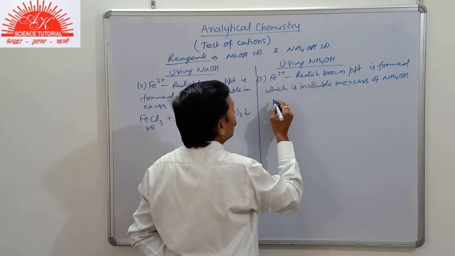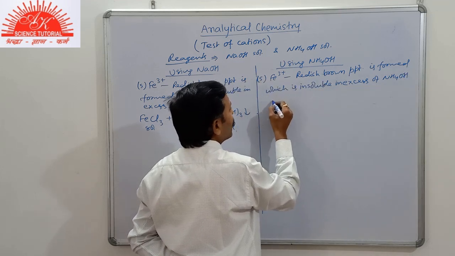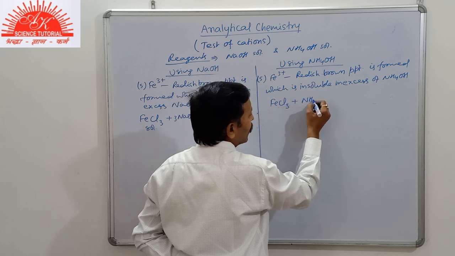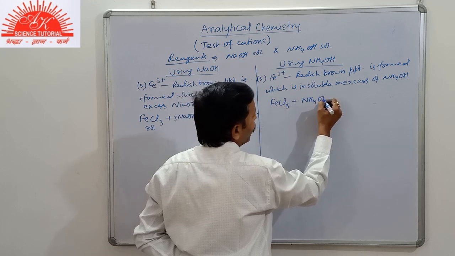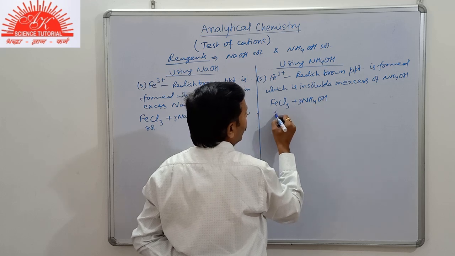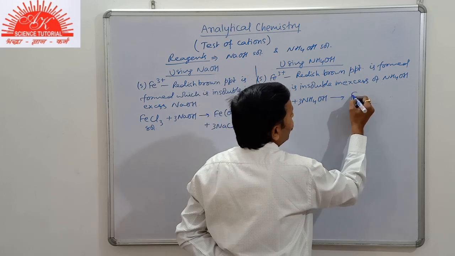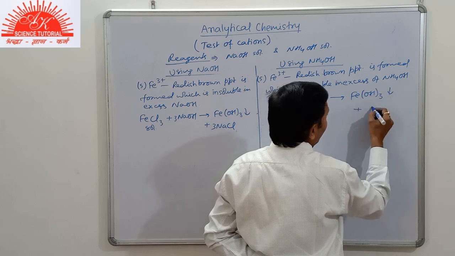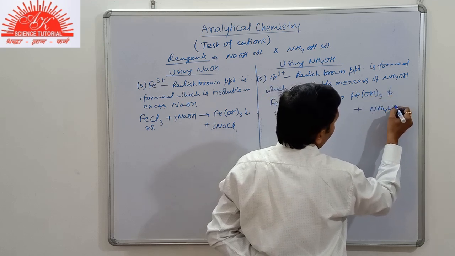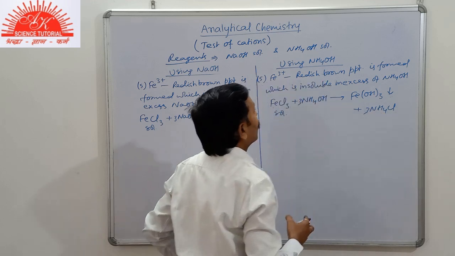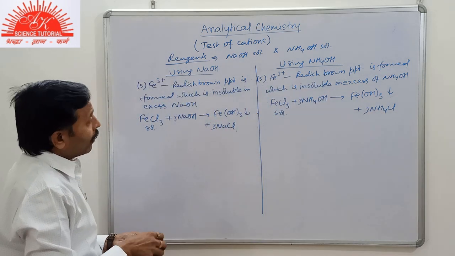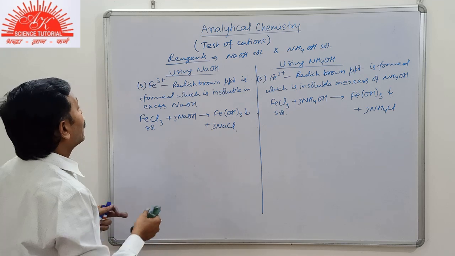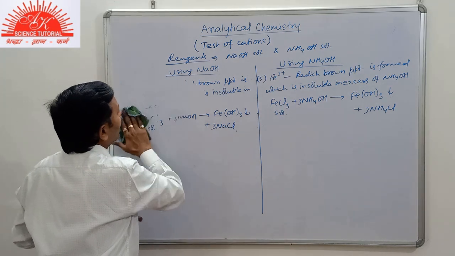So we see that in both cases, Fe2+ and Fe3+, we have similar observations in case of NaOH and NH4OH. So this was the fifth cation to be tested, that is the ferric.